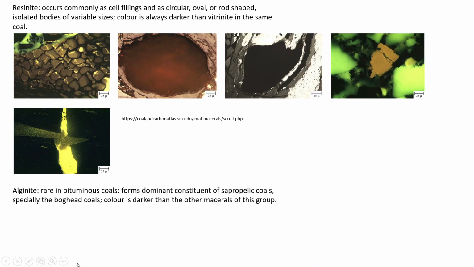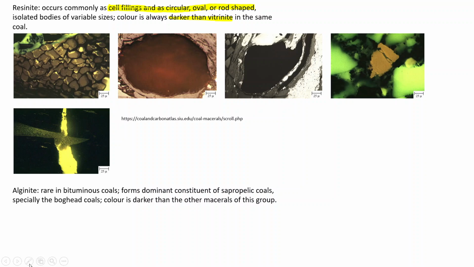Next is the resinite. As the name suggests, it is formed from resin and commonly occurs as cell fillings, and circular, oval or rod shaped isolated bodies. The color is always darker than vitrinite in the same coal.